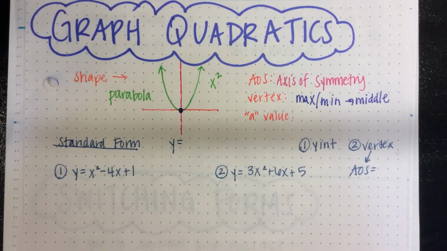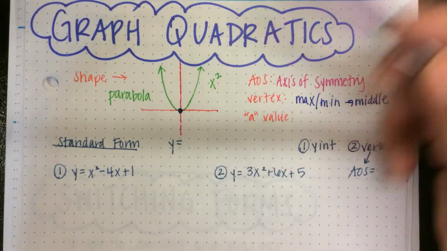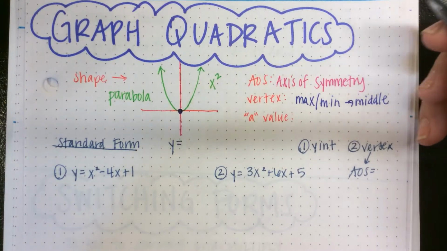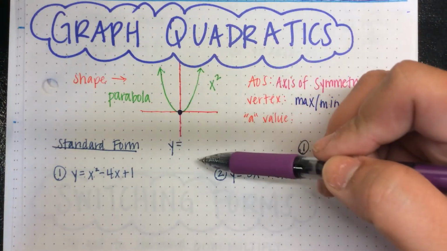Okay, and then the a value. All 3 forms have that a value, and it does something a little different. It will always be the same a value, but it does something a little different than what the other points we're going to look at do. So the a value is always going to tell you which way it opens, so whether it opens up or opens down.